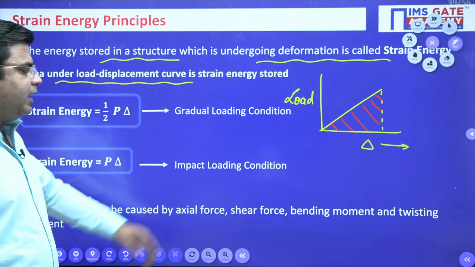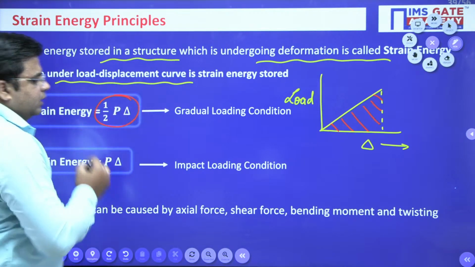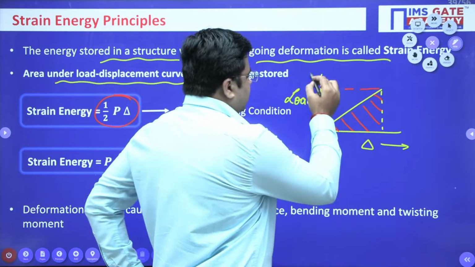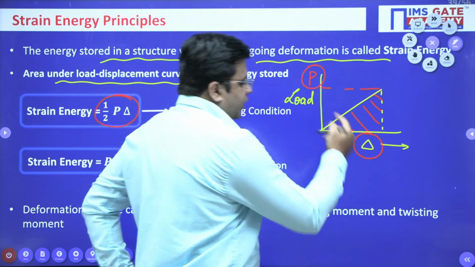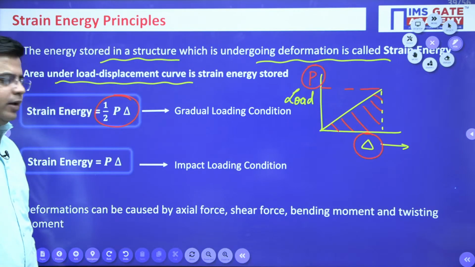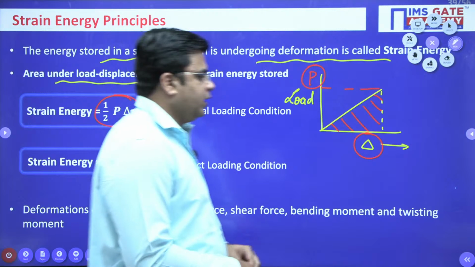And this area is half into P into delta, where P is the gradually applied load, and corresponding to this gradually applied load, delta is the deformation that happened.